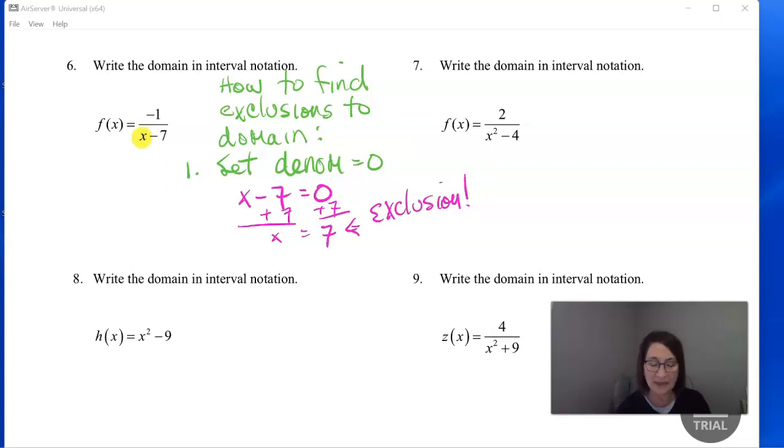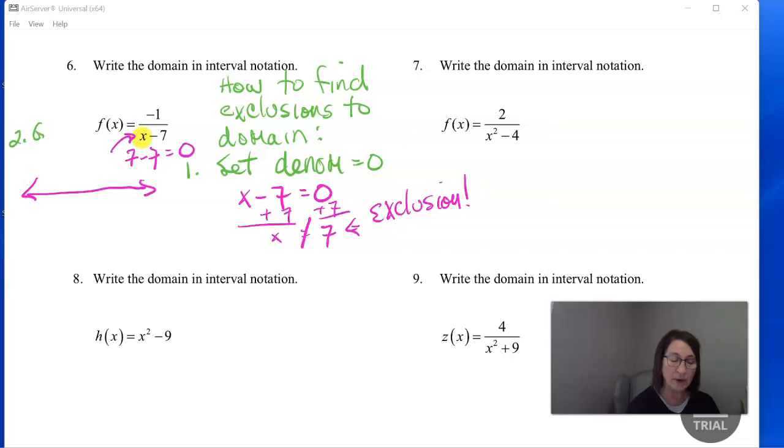Okay? That means in my domain, x cannot be equal to 7, because if I substitute 7 in for x, I'm going to get a 0. Not allowed. All right. So then what I'm going to do is just graph this. That's the second thing I want to do.